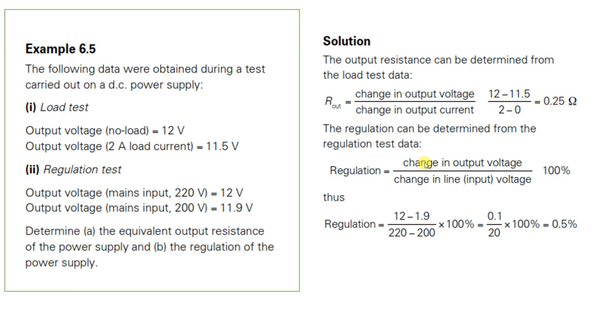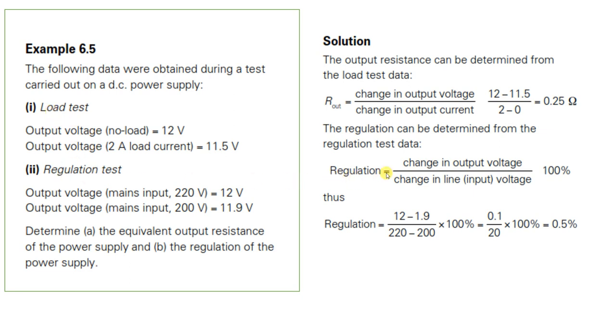Regulation is the change in output voltage divided by the change in input voltage. The input main supply is changed from 220 volts to another value, 200. So delta Vin is 20 volts, 220 minus 200. For the change in output voltage, the regulation test and the load test have different output voltage values.